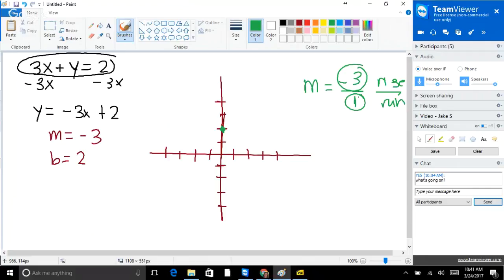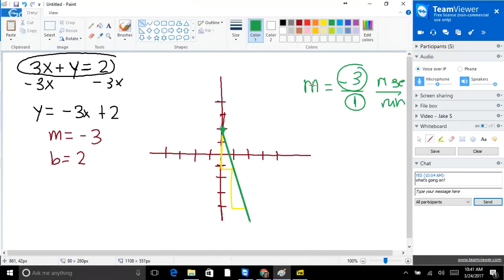So if I go to graph my slope, I go -3, so -1, -2, -3, +1. And that would be a point. So based off of that slope, if I connect my dots here, my line goes like this.